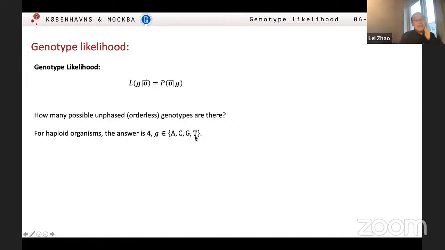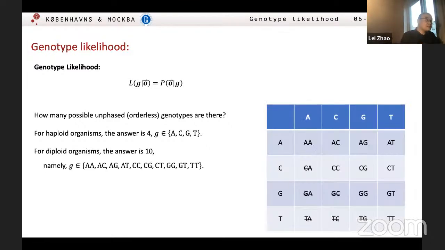But normally we will analyze data from a diploid organism. For a diploid organism, the answer is 10, because we don't care much about the order of the genotype. In this context, AC and CA are the same.